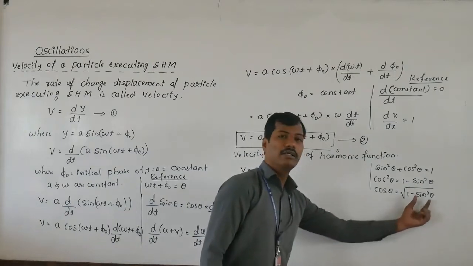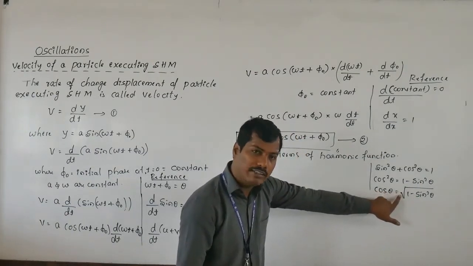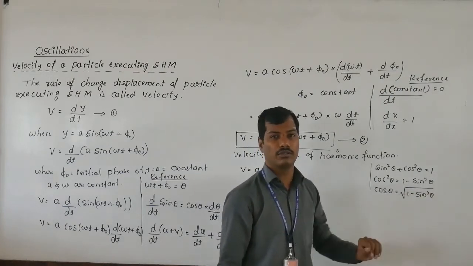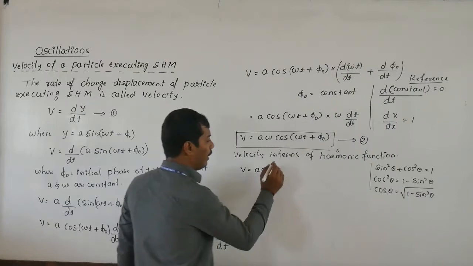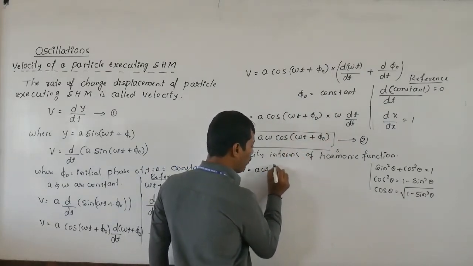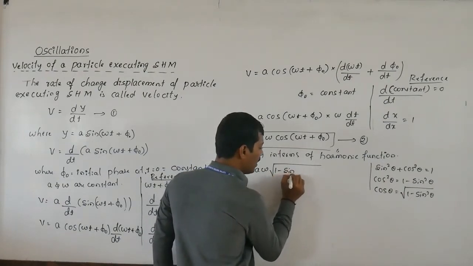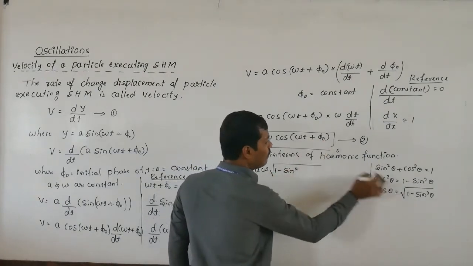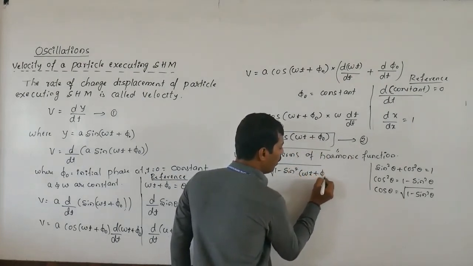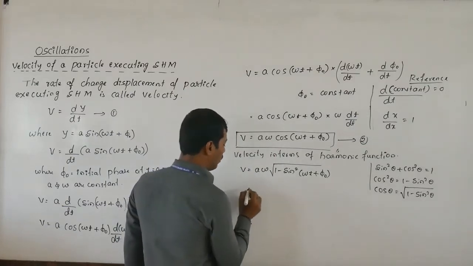So cos of omega t plus phi naught is nothing but the root of 1 minus sin square of omega t plus phi naught.